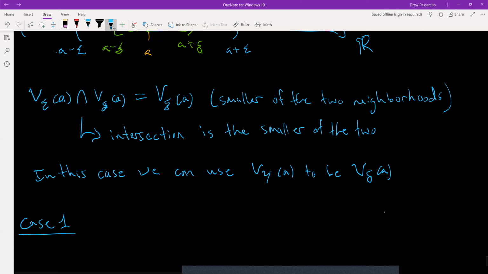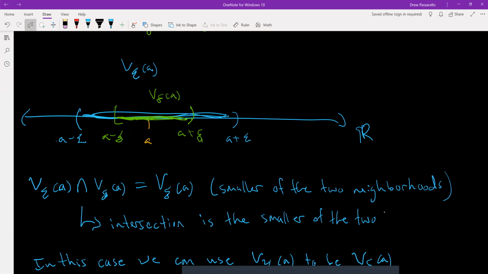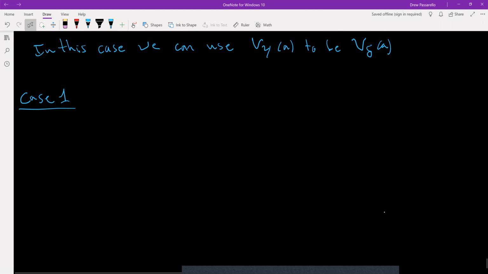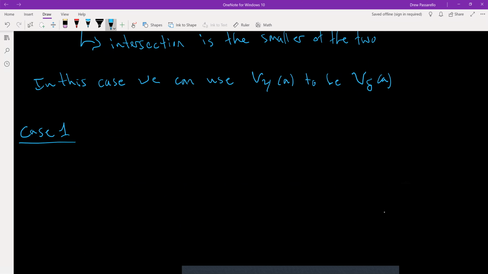Case one is this picture that I drew, where the epsilon neighborhood is bigger than the delta neighborhood. So case one would be delta is less than epsilon. And in this case, I let gamma be equal to delta.